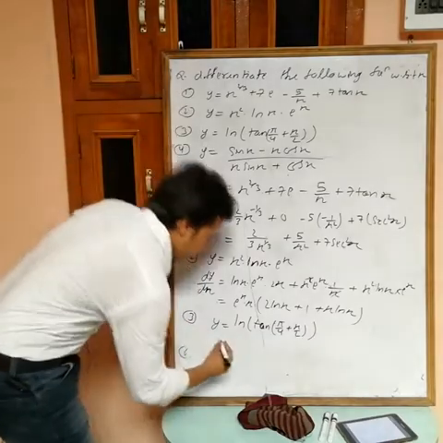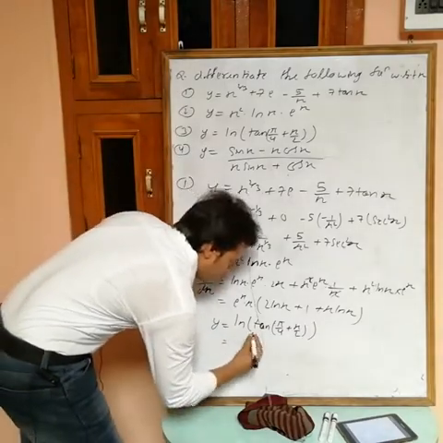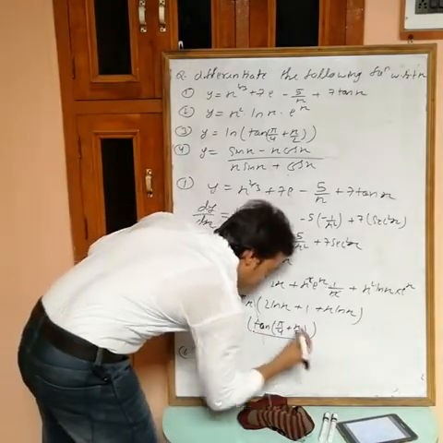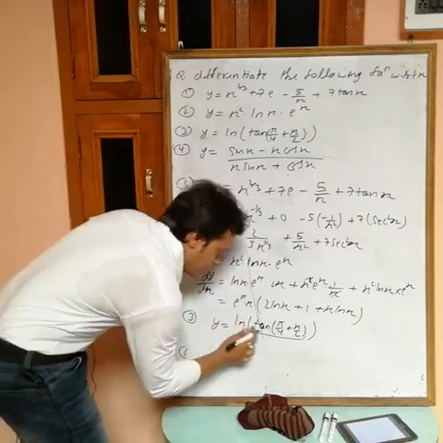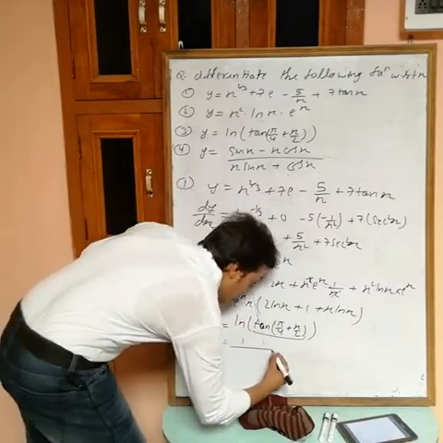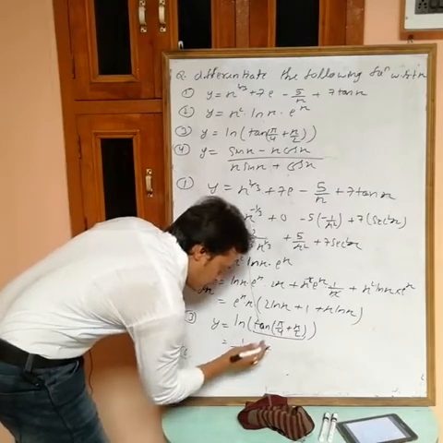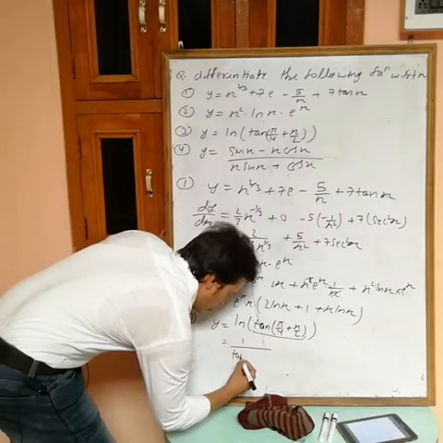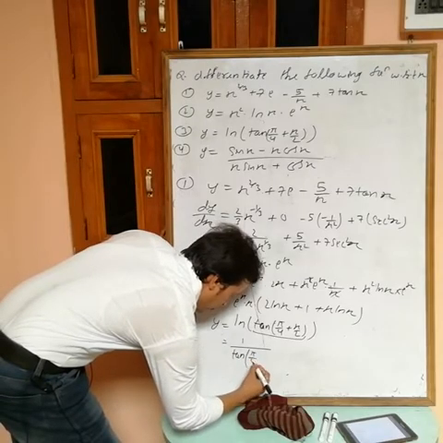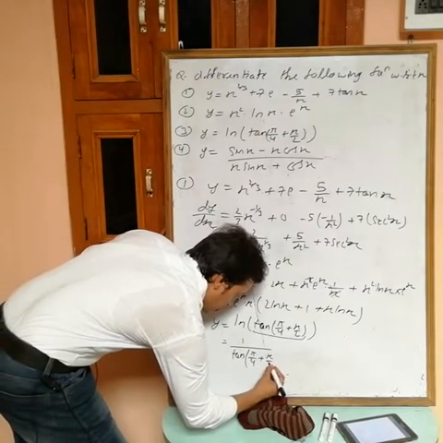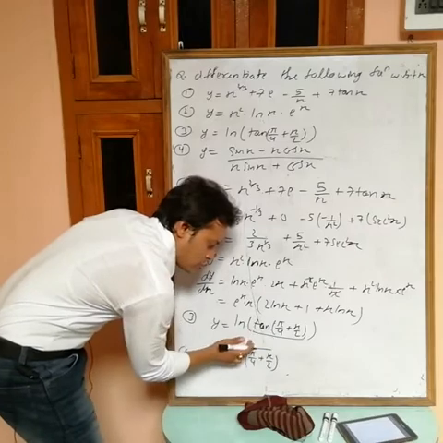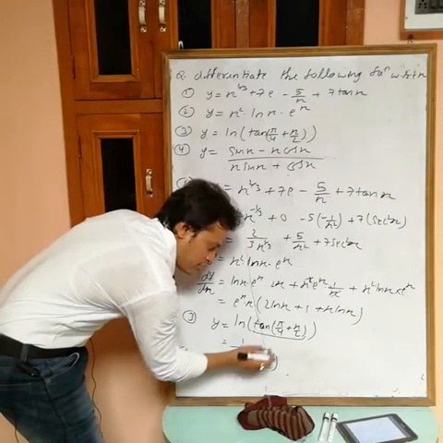At the place of x, put the assumed x, which is tan of (pi by 4 plus x by 2). Clear? Ln x gives 1 by x, at the place of x the assumed x.